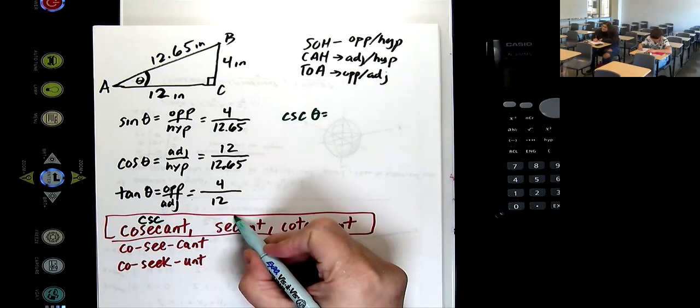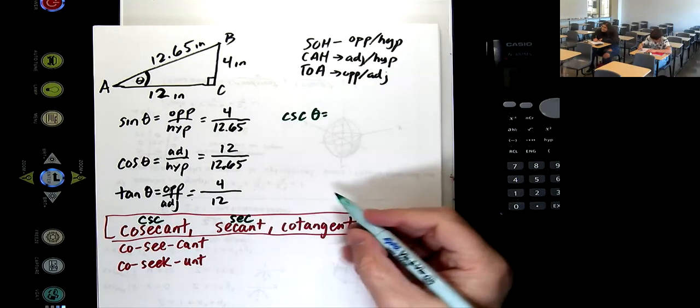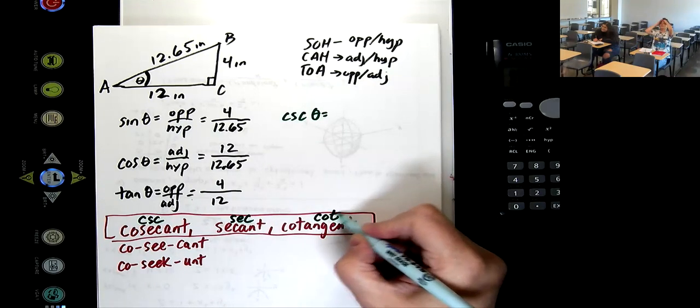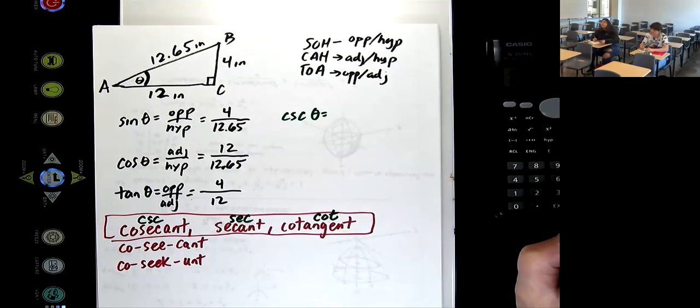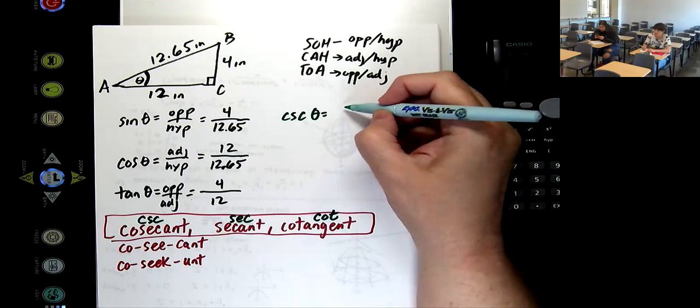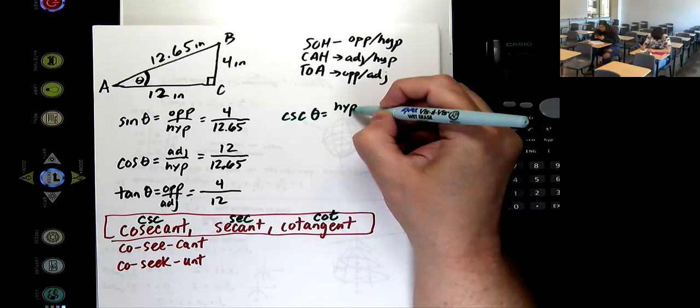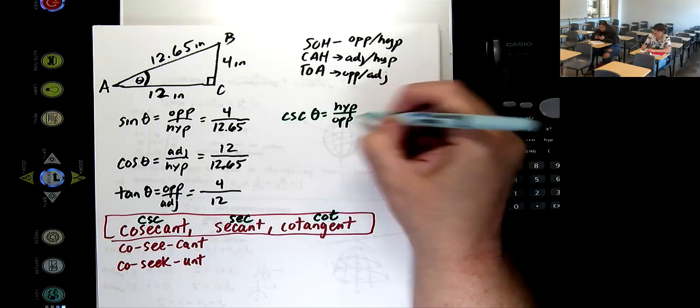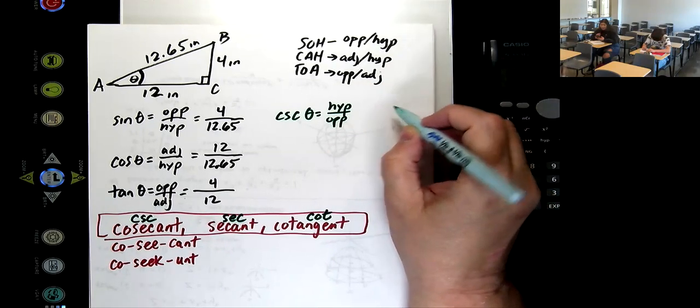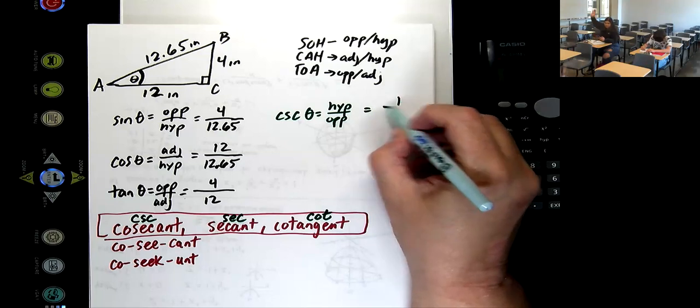Secant is abbreviated SEC. And cotangent is abbreviated COT. Cosecant is hypotenuse over opposite, which is really just 1/sine theta.